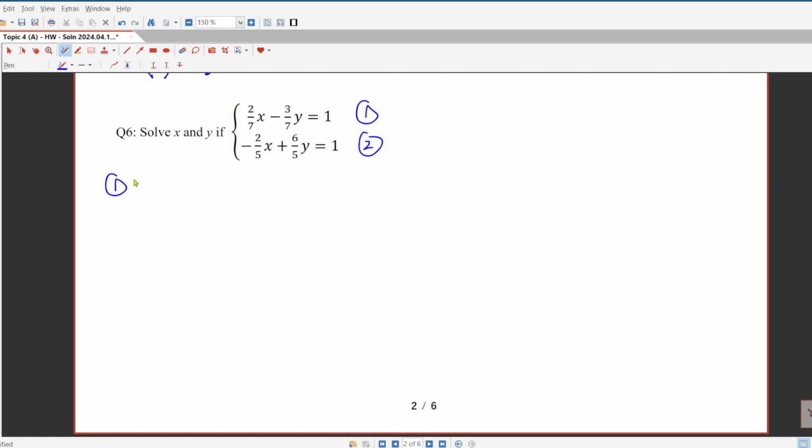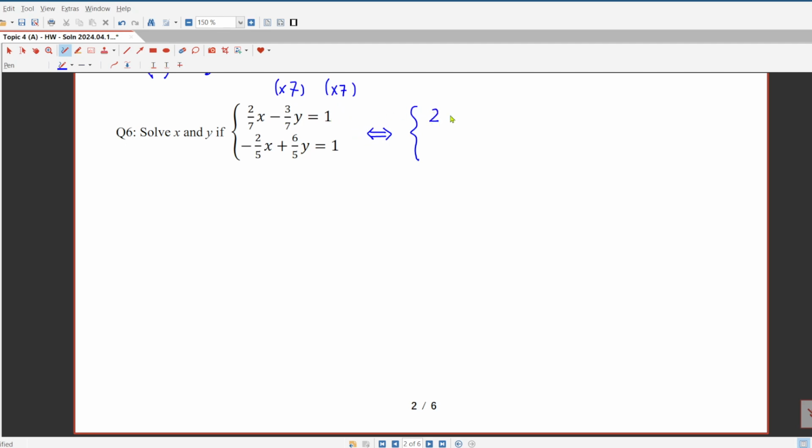So we have, okay, let's write this directly. The original system is equivalent to, first of all, if we multiply 7 to both sides of the first equation, this does not change the solution set, right? Because it's an equivalent transformation.